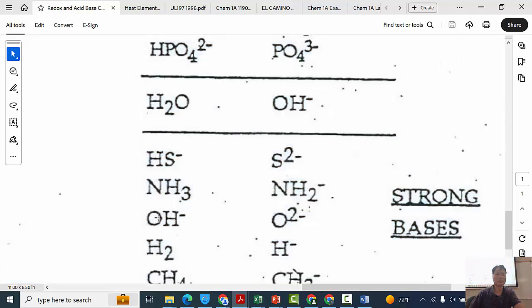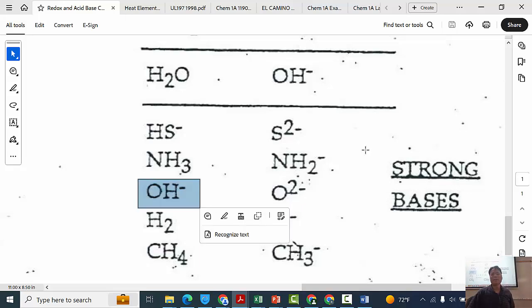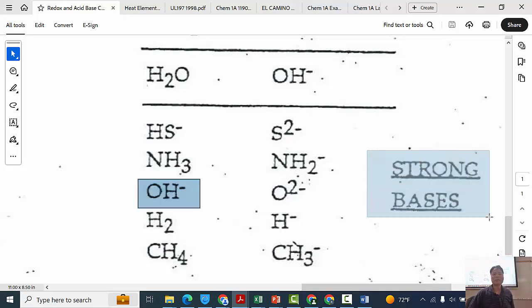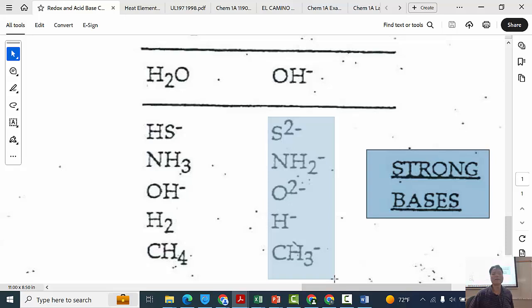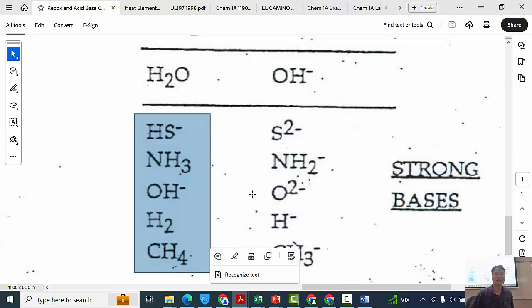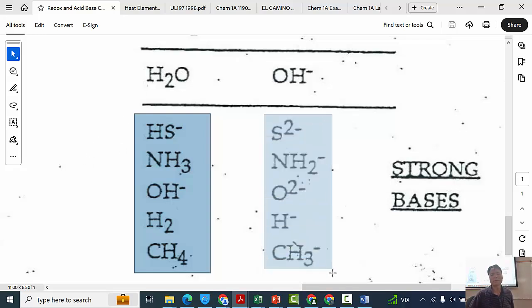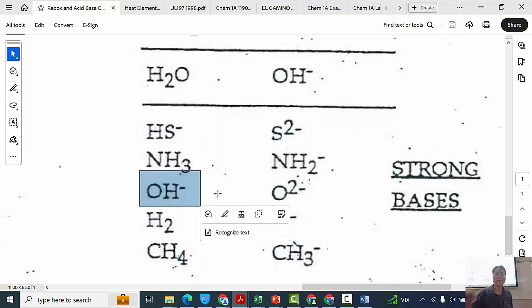But isn't that in the little section that kind of... This little section is the very strong bases section. Therefore, its conjugates are extremely weak. So these are the strong bases, so then the acids are extremely weak.